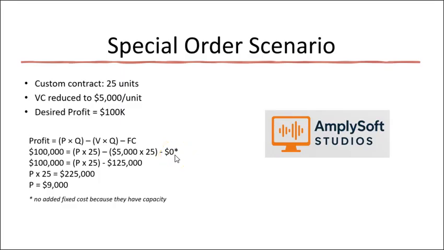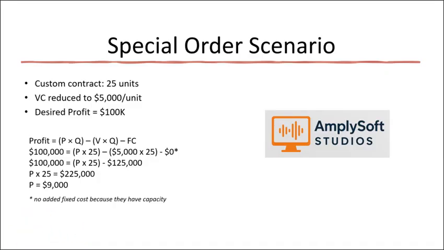It's 0 because we're assuming that in this case there's no added fixed cost because they have ample capacity to produce more units. $100,000 equals P times 25 minus $125,000, the variable cost for these 25 units. So P times 25 equals $225,000. What should the price be per unit then? We can solve this equation. P would have to be $9,000 per unit.